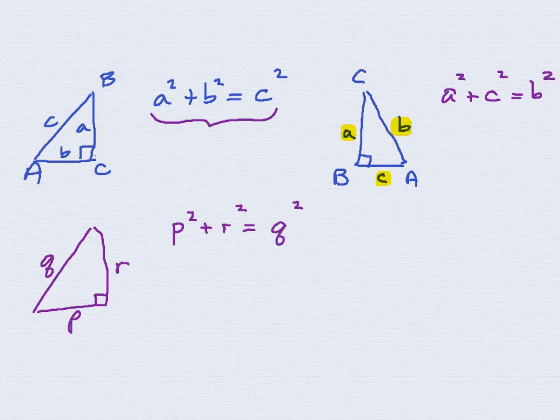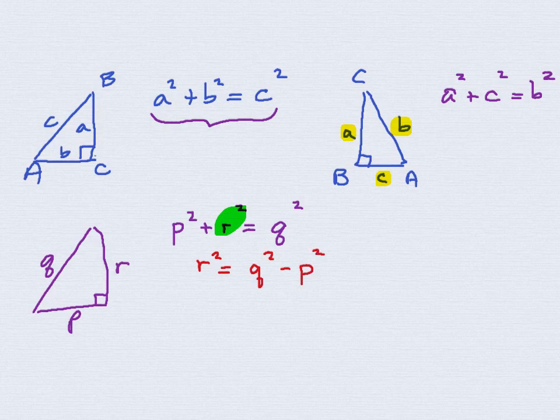That's perfect. If you want to write the equation and solve it for R, let's just say you're trying to solve for the leg R, you could write it differently. You could say that the length of the leg R squared is going to equal the hypotenuse squared minus the other leg squared.